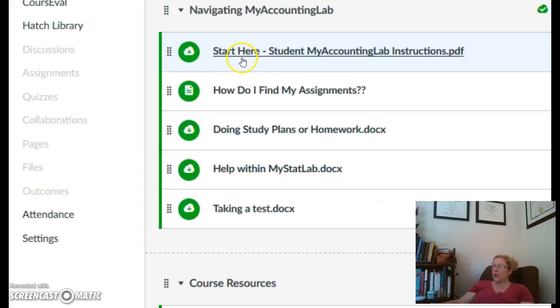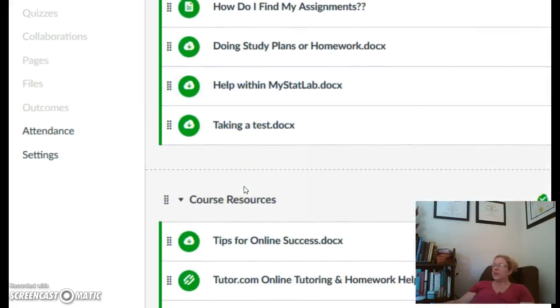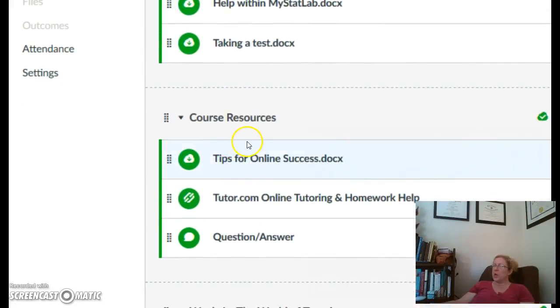So start here by reading this document, and then we have how do I find my assignments, doing study plans or homework, and then here we have help within my stat lab and taking a test. So make sure you review all of these documents and keep them handy. The next module is the course resource module.